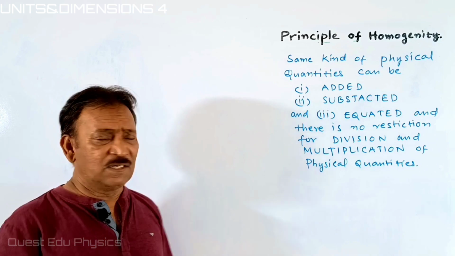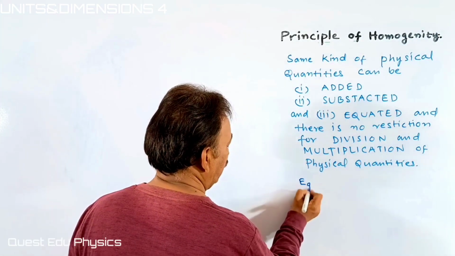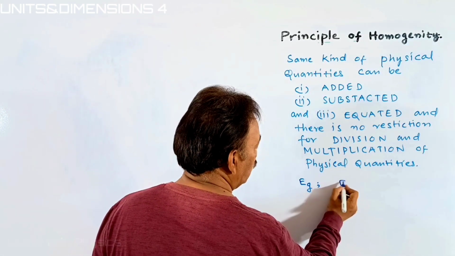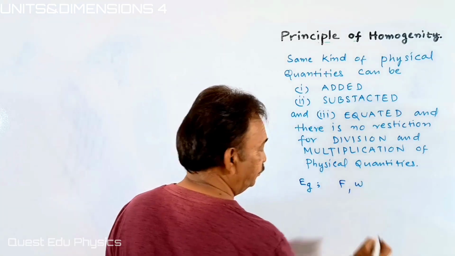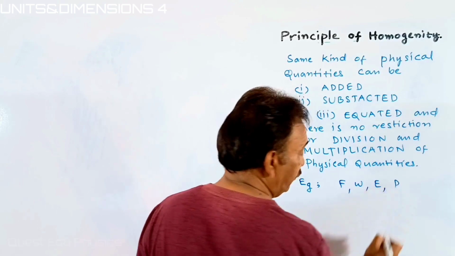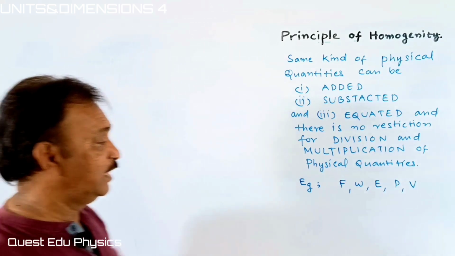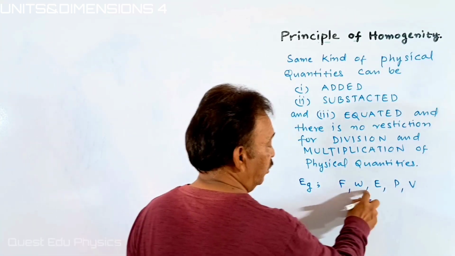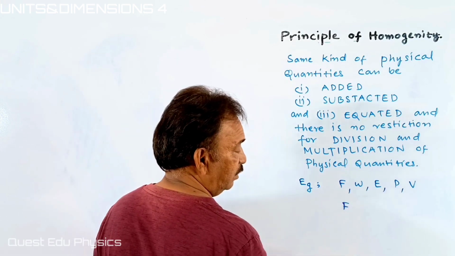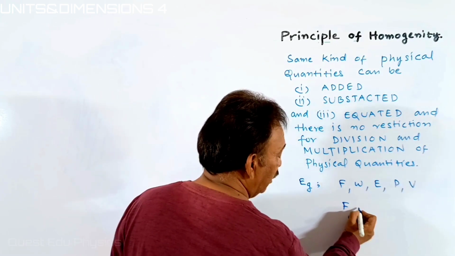We can understand this very easily, students. We have different physical quantities. It is given like this: force, work, energy, pressure, and as well as velocity. This represents different physical quantities, students. Force is a physical quantity, and work is another physical quantity. We should not add force with work.